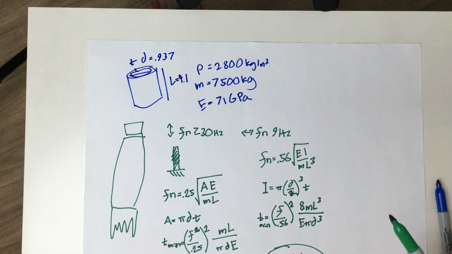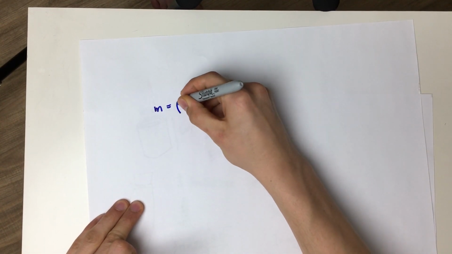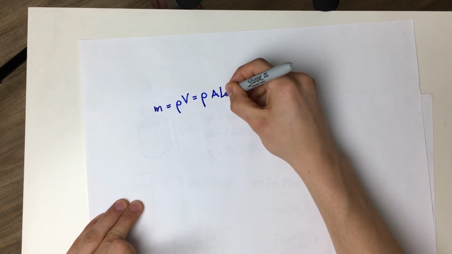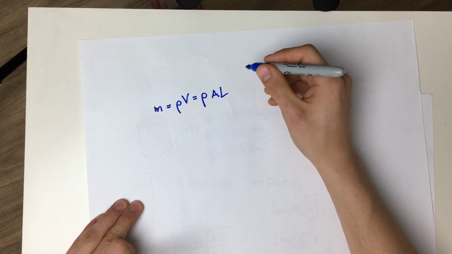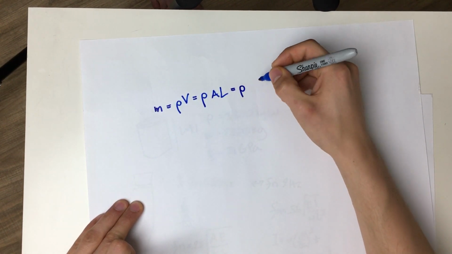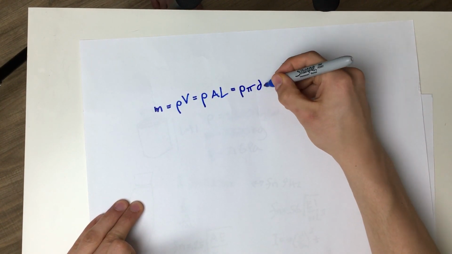We already have an approximation of what the total mass is going to be. In order to do that, it's quite simple. We know mass is rho times volume. This is a cylinder, so we have the cross-sectional area, and we know the thin-walled approximation area for the circle, right?